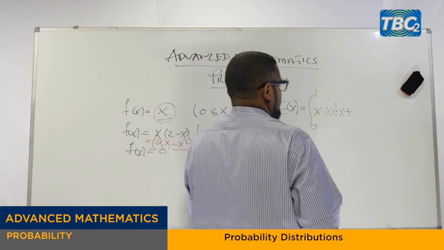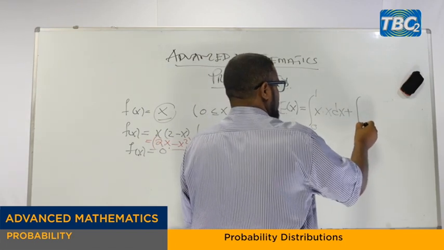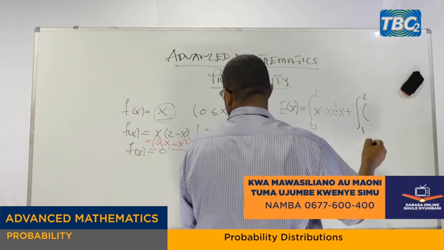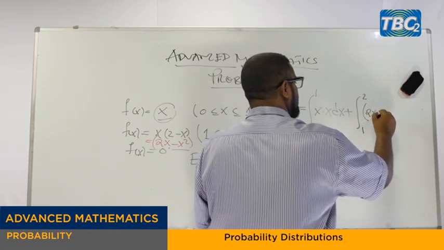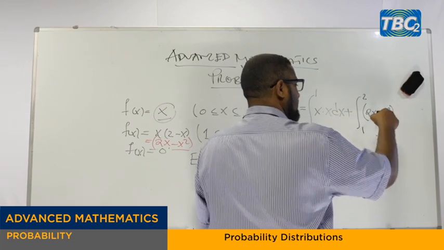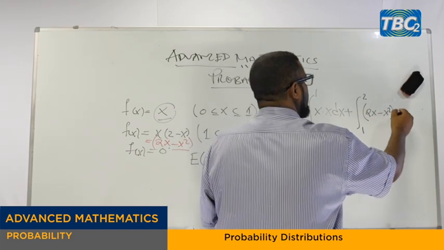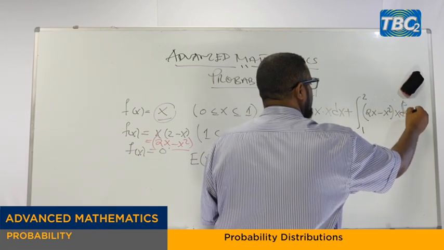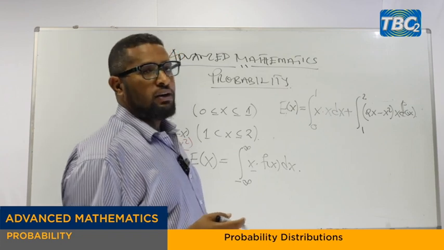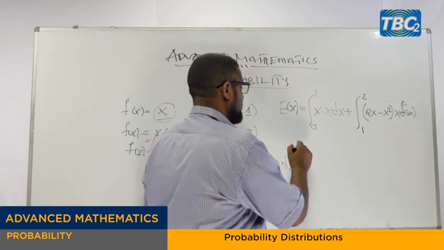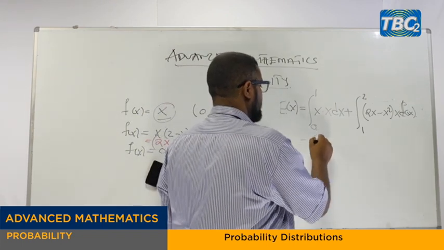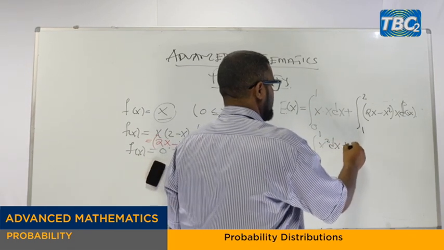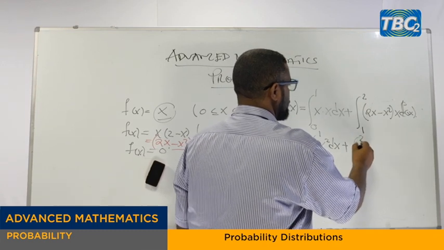So we are going to use this one in our substitution. Now we plus the integral from 1 to 2 of our function 2x minus x squared. But this is the function; we multiply by x that is found in the formula, then dx. Now, when you simplify the integral, you'll have from 0 to 1, x squared dx, plus 1 to 2.